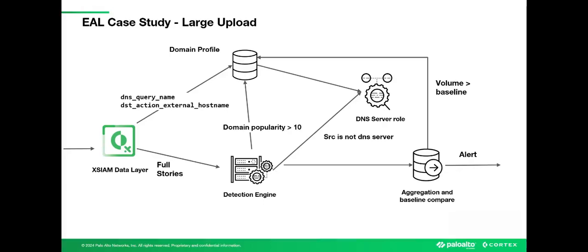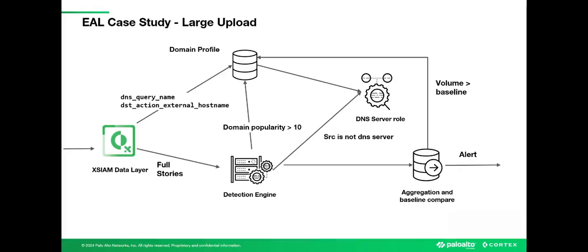Now, also based on the baseline, right, analytics will verify if an upload is a normal activity. So maybe it'll be considered a normal activity if the file size is under 100 megabytes. But let's say in this specific case, there's an upload action of a file with 500 megabytes, for example.